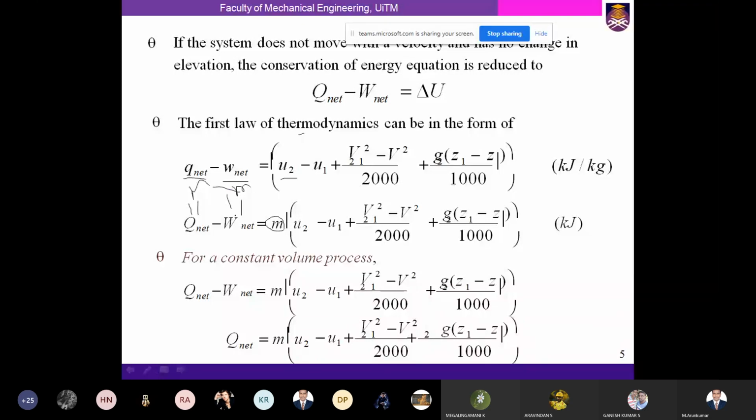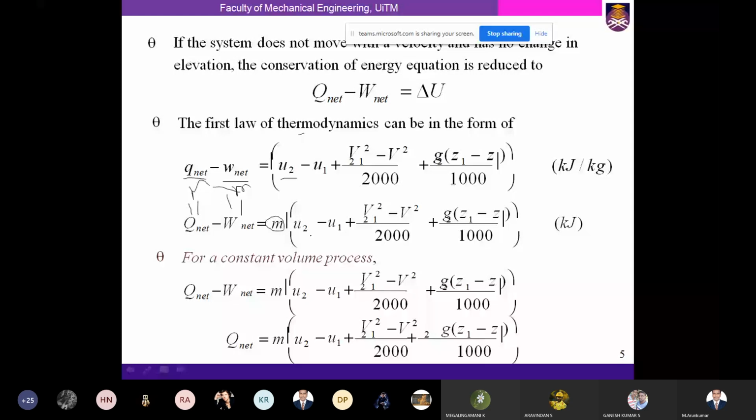Here we are just multiplying by M on the LHS and RHS. Then we get the same equation as capital Q net minus W net equals M into the change in internal energy plus change in kinetic energy plus change in potential energy.